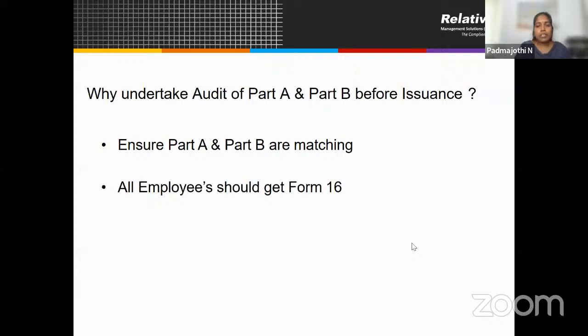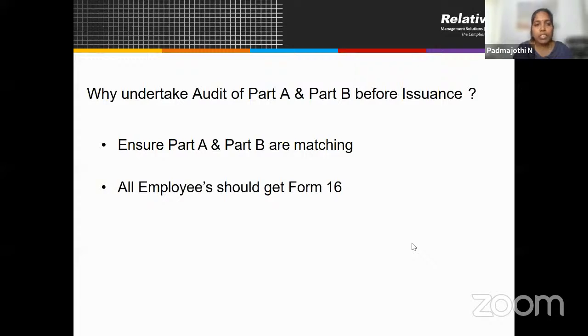And there will be one question: why do I have to do an audit between Part A and Part B before issuing the Form 16? We recommend this audit to ensure that the data mentioned in Part A and Part B is matched. Both should be aligned, because these are two different parts but come under the same Form 16.